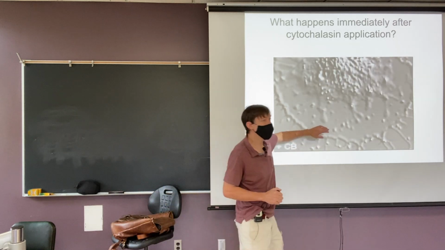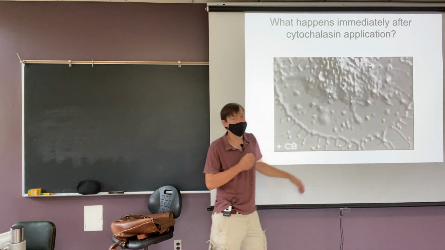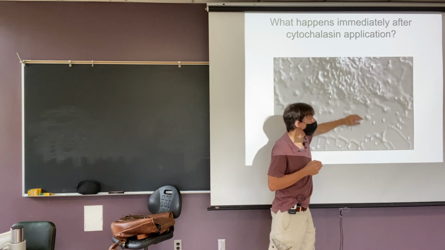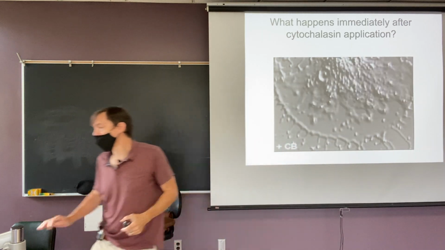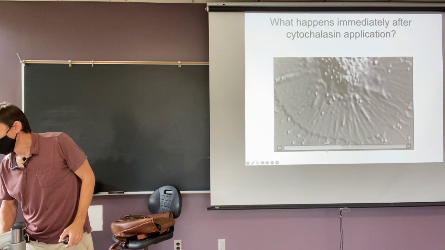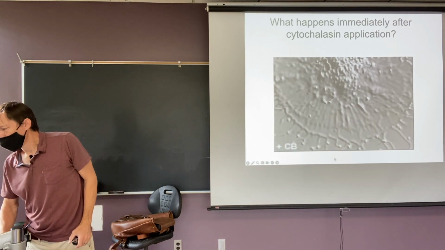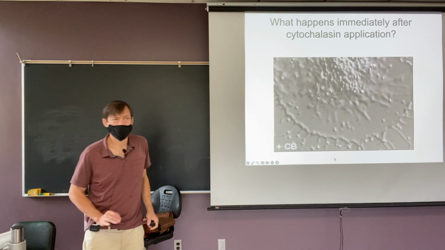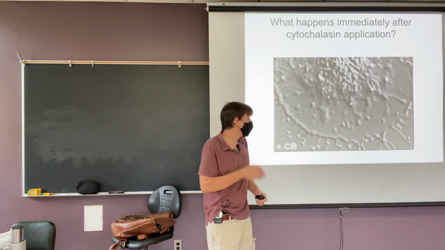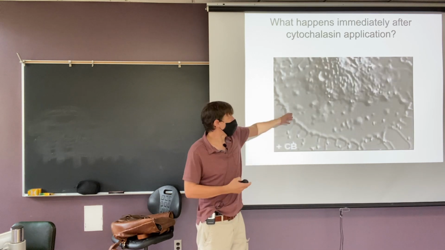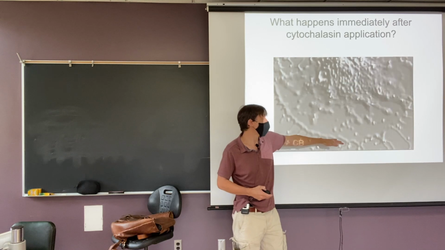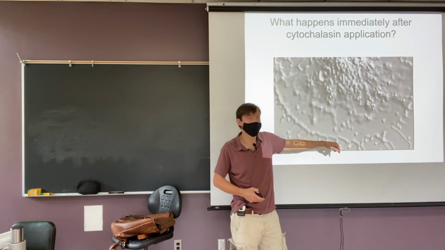Do the beads continue moving backwards after cyto D is added? After this gap forms, do the beads start moving backwards? I'll play it one more time. You see that? Okay. So we still see this motion after actin filament assembly has been stopped.